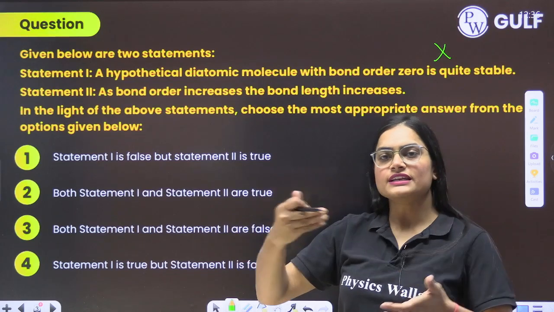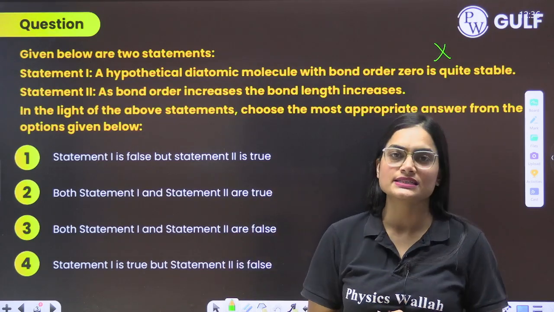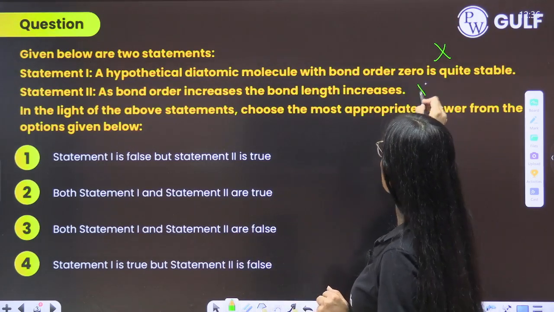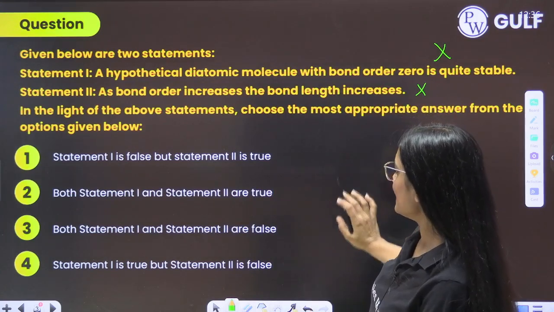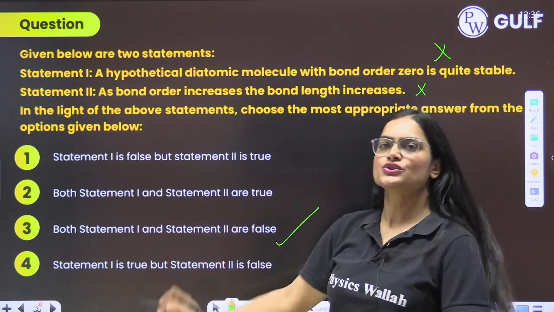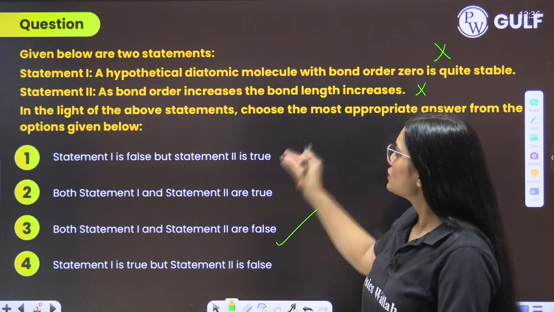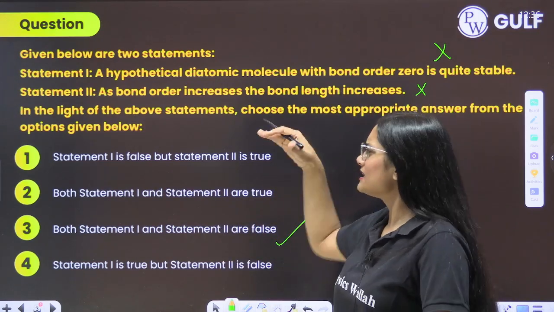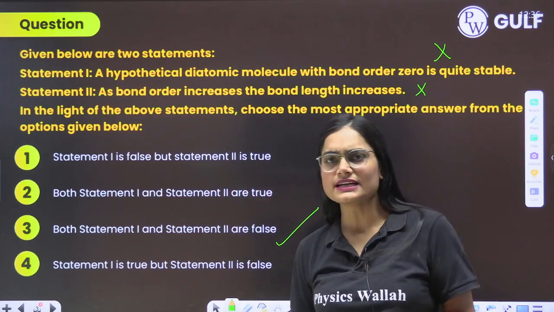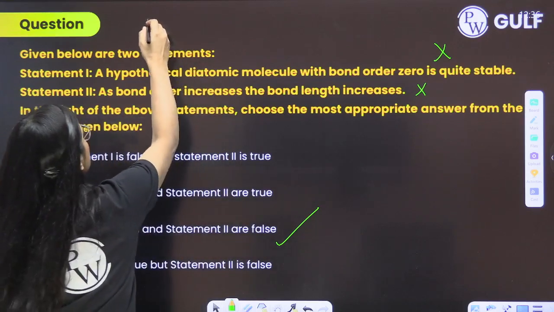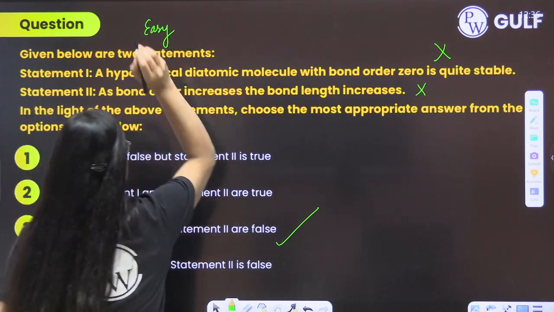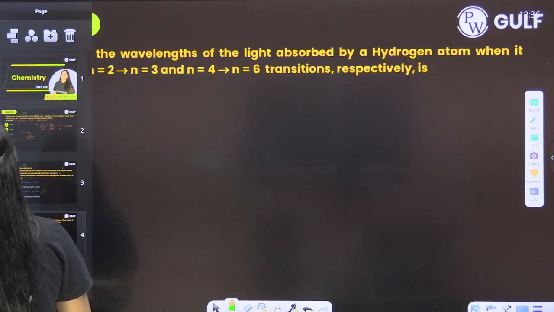If bond order is increasing, your bond length decreases, so this statement is also wrong. That is why both statement 1 and 2 are false. Option 3 here is the right answer. So I'll keep this question also in the easy category. Nothing difficult asked here.